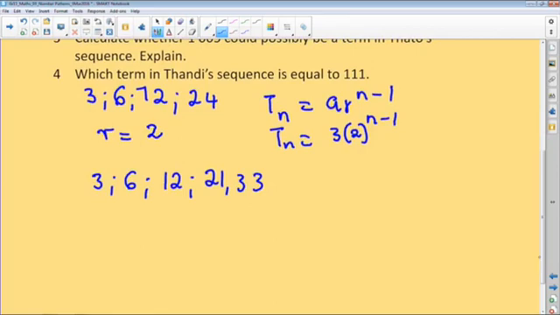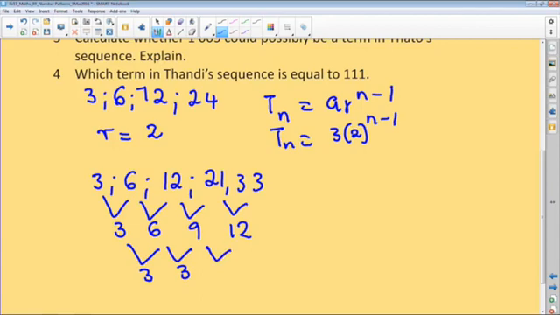Okay. Now, looking at the differences, she's got a 3, a 6, a 9, a 12, and then the second differences are 3, 3, and then 3.